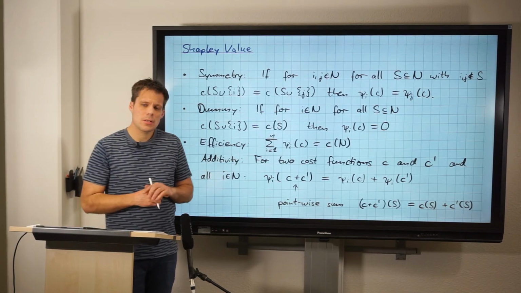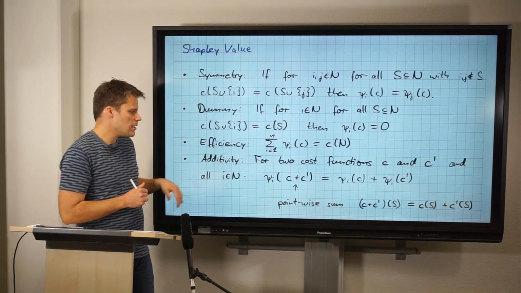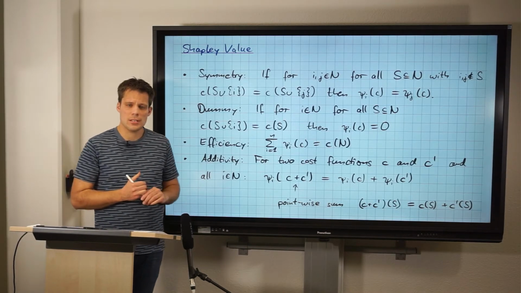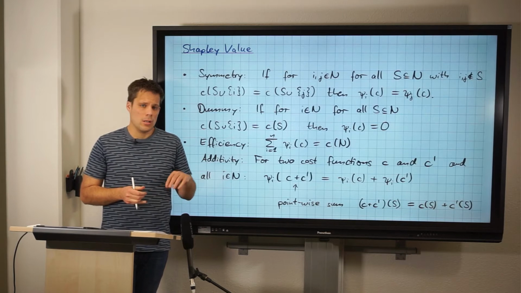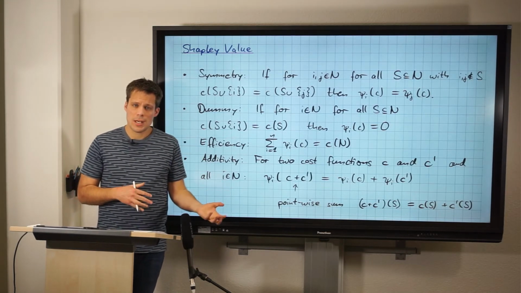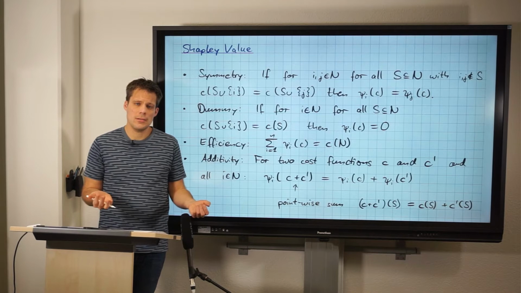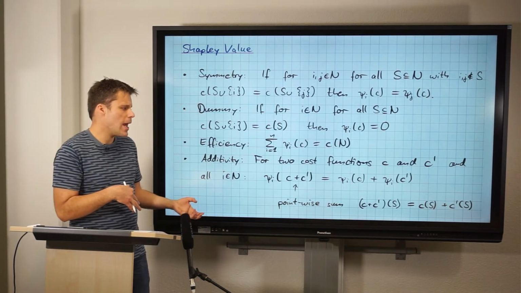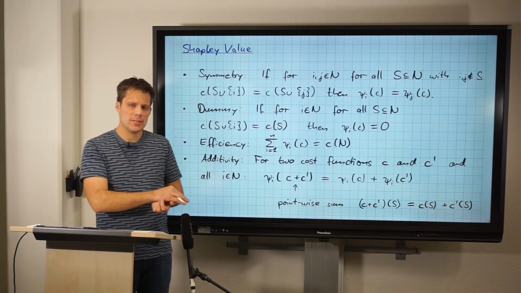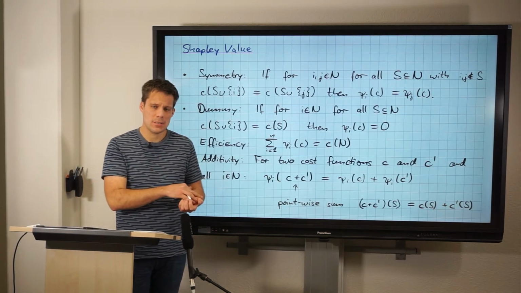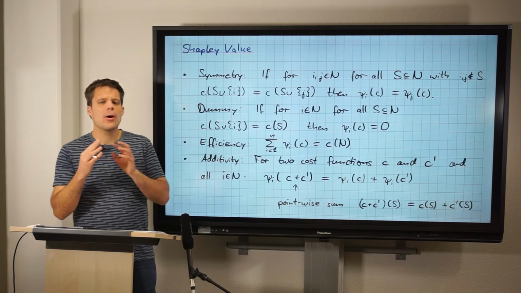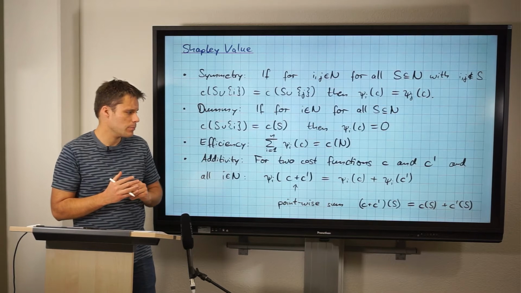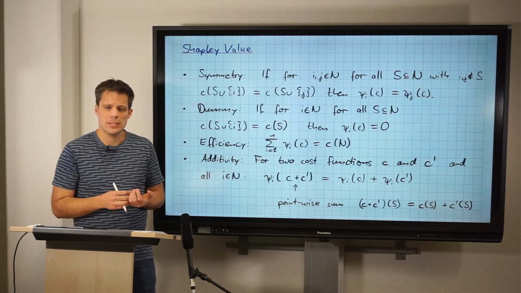So in other words, this additivity asks us to split up the cost so that if we buy, say, train tickets and theater tickets, then we should split up the cost exactly the same way as if we were only splitting up the cost of train tickets, plus if we were only splitting up the cost of the theater tickets. This also feels very reasonable.